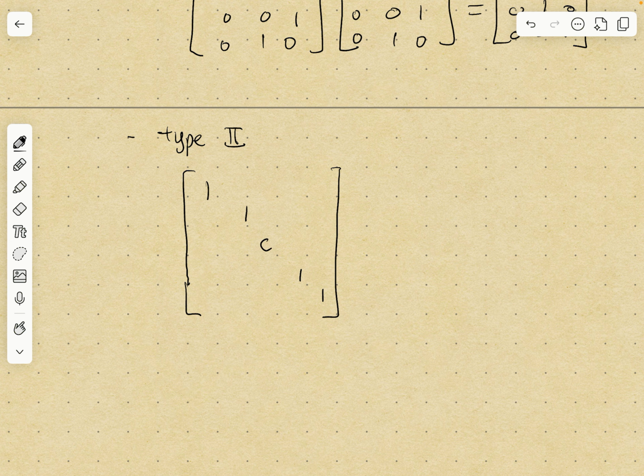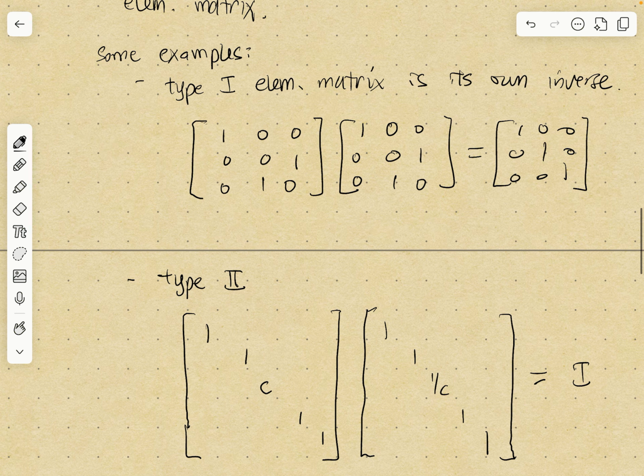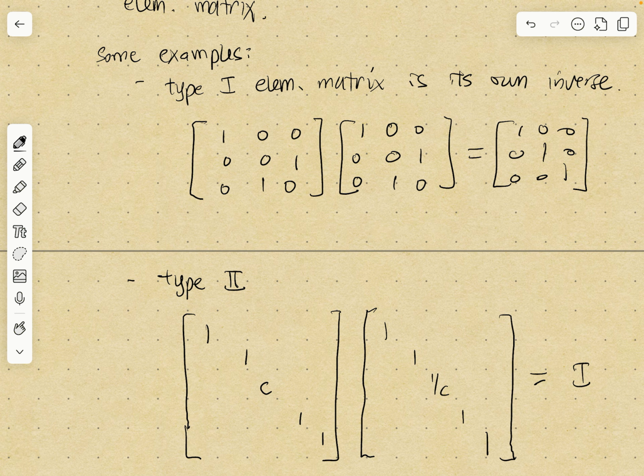Well, what can you multiply this matrix by to get the identity? You can multiply it by the diagonal matrix with entries 1, 1, 1 over C, 1, 1. If you multiply that, you do, in fact, get the identity matrix. In this case it's the 5 by 5 identity matrix, but you can see that this is true for n by n.